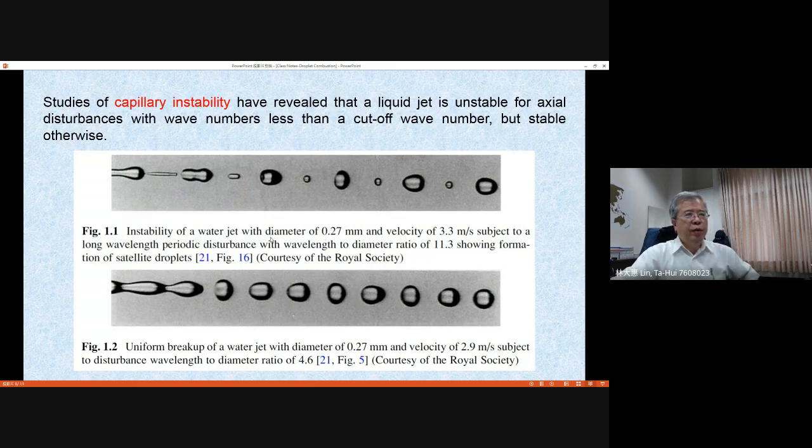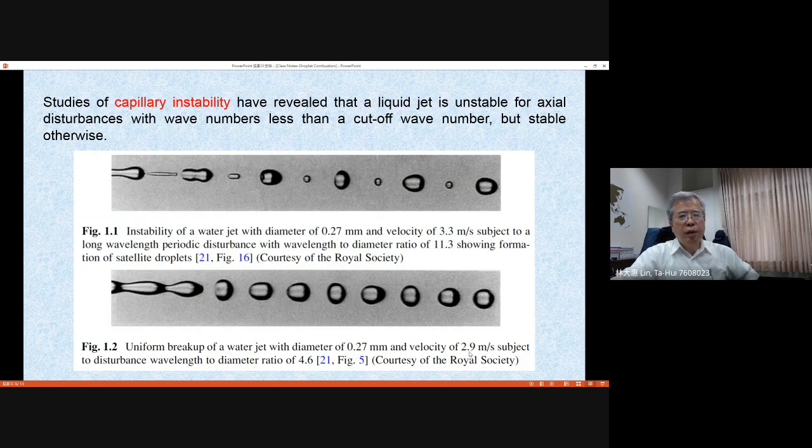They use the same jet diameter based on water. Figure 1.1 is a water jet with diameter 0.27 millimeter, and velocity is around 3.3 meters per second. The condition is quite similar in figure 1.2. The diameter of the jet is around 0.27 millimeter, the same.